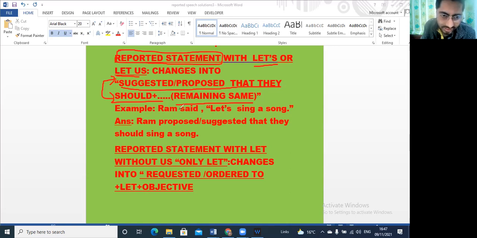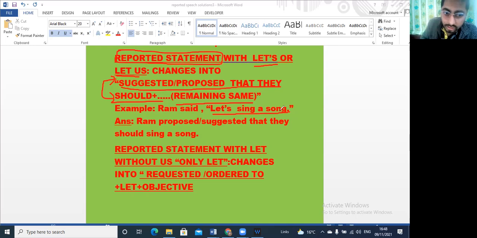Let's move down over here. Ram said, let's sing a song. What is the reported statement or the prisoner inside the jail? Inside the double inverted commas, let's sing a song is the prisoner or reported statement. Ram said, let's sing a song. I hope your voice is also nice. So let's is replaced by suggested or proposed that they should plus blah blah blah.